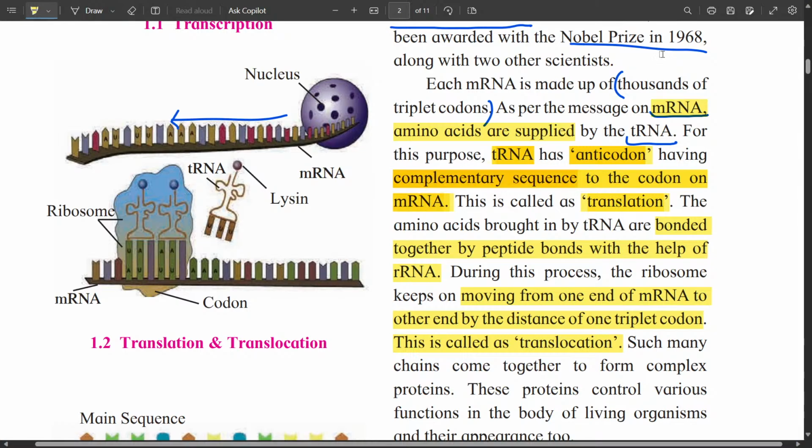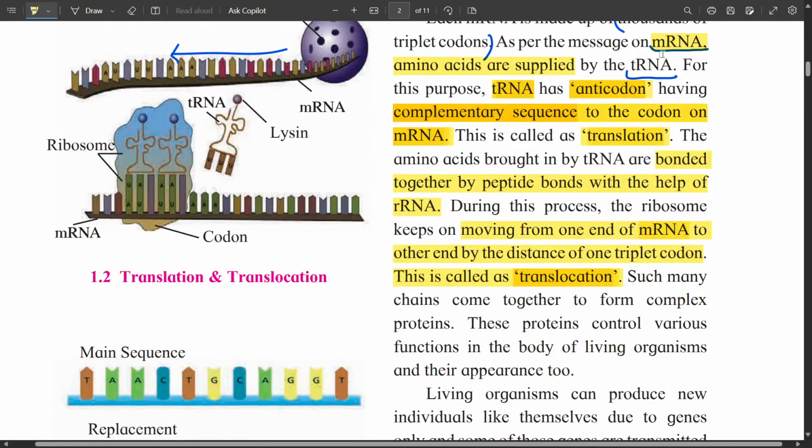And finally, the translocation process, which is motion of rRNA from one end of mRNA to the other end, reading the triplet codons and then forming the peptide bonds between the amino acids brought by the tRNA, and finally forming the complex proteins. So this is the entire process taking place in living things.